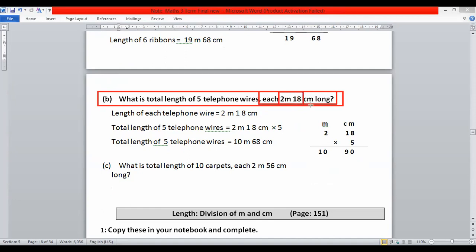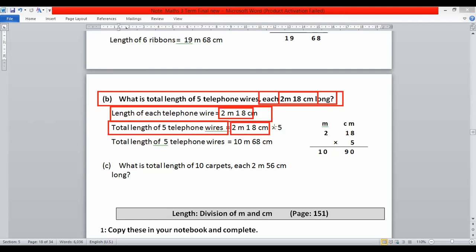So each wire has this length. Therefore, we can write the first statement as: length of each telephone wire is 2 meter 18 centimeter. And how to find the total length of 5 such telephone wires? Just multiply this length by 5.